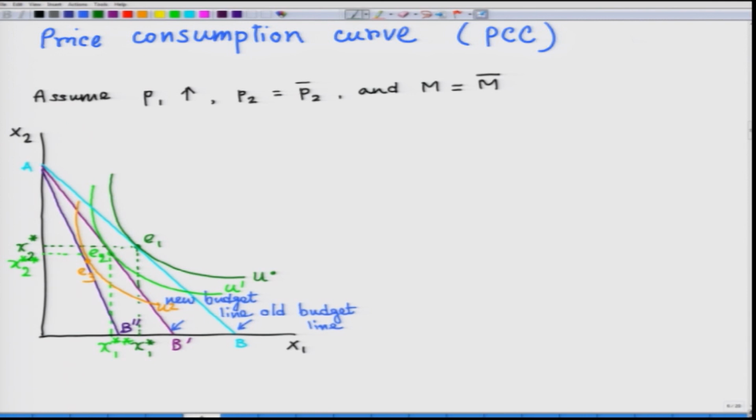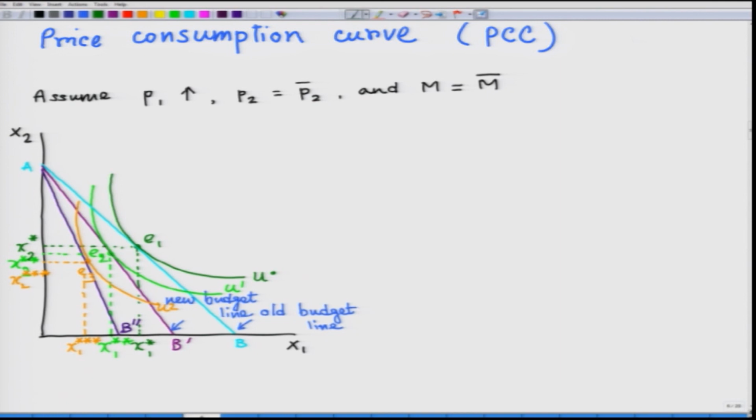So, one can see that this new optimal choice made by the consumer has lowered the consumption of both the commodities. The consumption of commodity 1 has gone down to x1 triple star and the consumption of commodity 2 has gone down to x2 triple star as well. Now, to generate the price consumption curve, one has to join these equilibrium points.